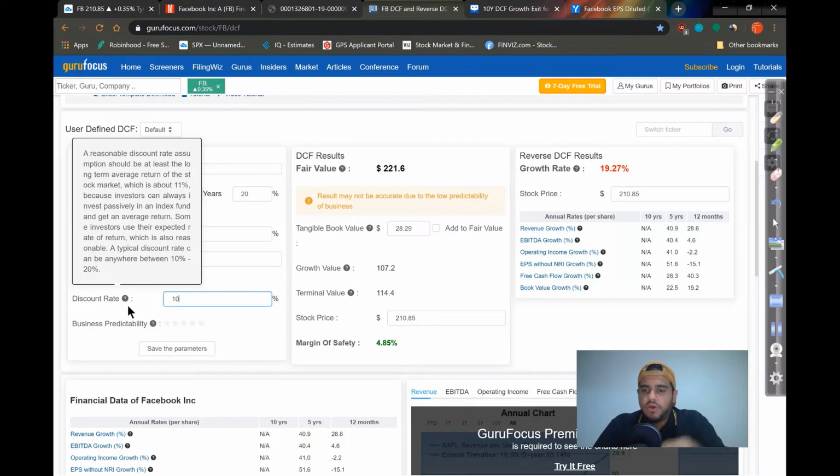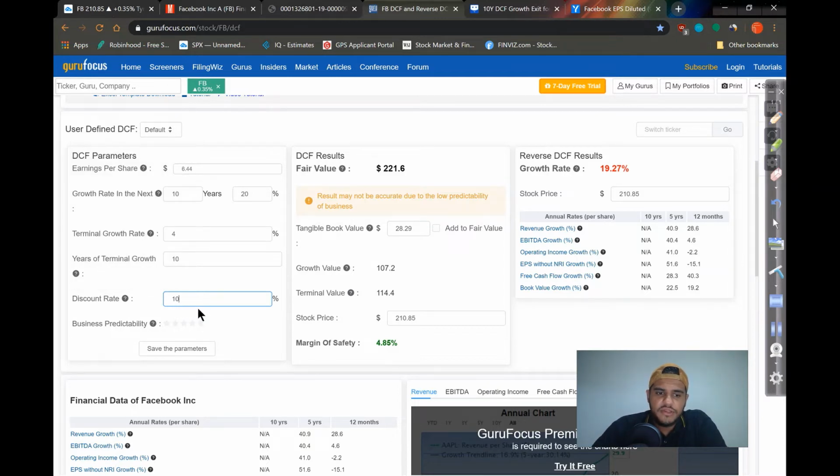In finance we call this the WACC, which is the weighted average cost of capital, and this is something that we use to find the discount rate. So the weighted average cost of capital is usually about 10%, and so this is a fair 10% value here.